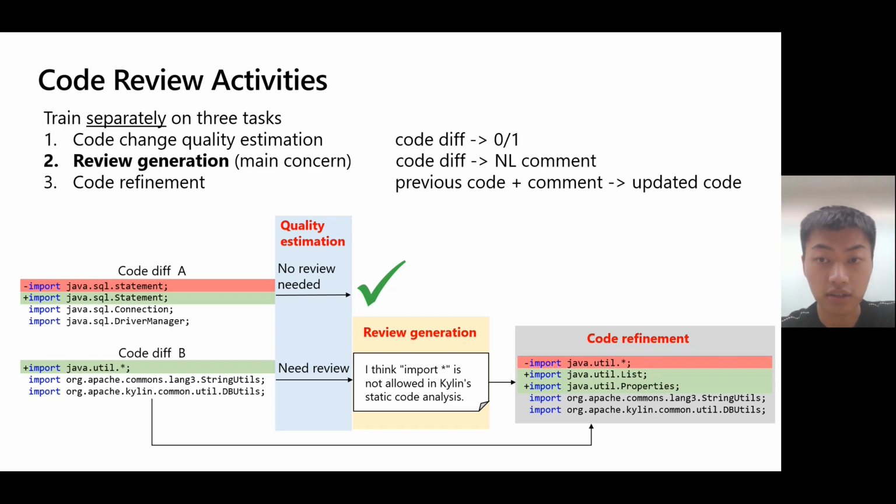Among all these tasks, we mostly focus on the review comment task because it is important for reducing the workload of developers in code review activities. Here we only use one figure to indicate the relationship between these three tasks. But in our experiments, we trained the model on the three tasks separately.